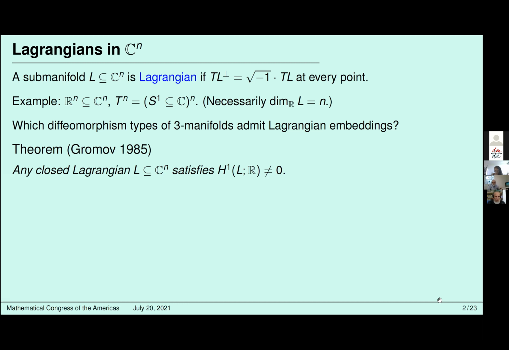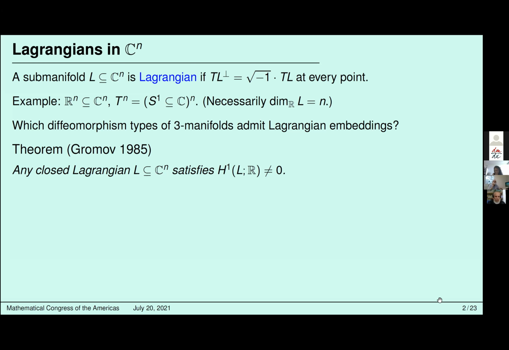A major starting point for modern symplectic geometry is a theorem of Gromov, which says that any closed Lagrangian embedding necessarily has non-trivial first homology. In fact, this can be made more precise: there's an action class, which is non-zero, and it's a first de Rham cohomology class. So that rules out, for instance, S3.